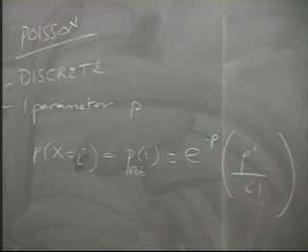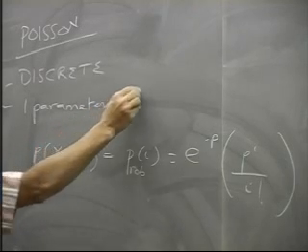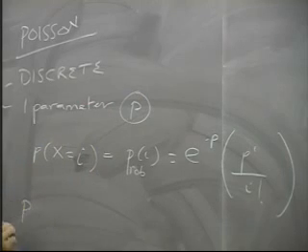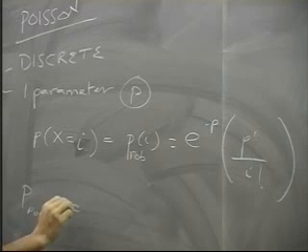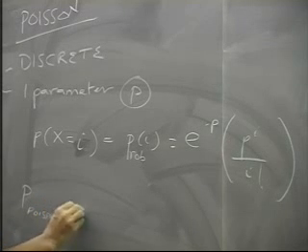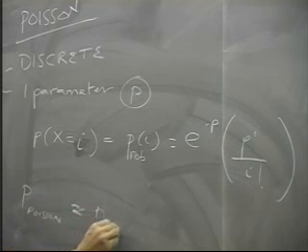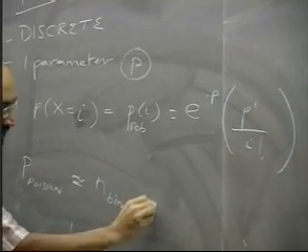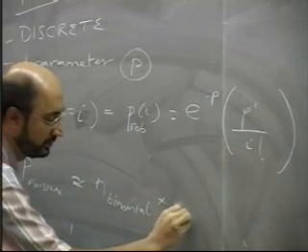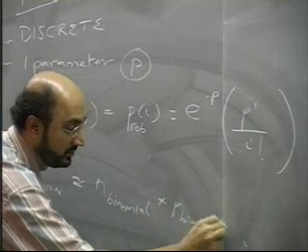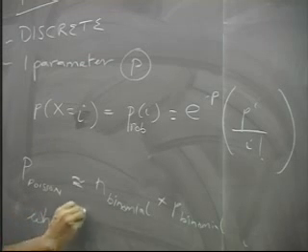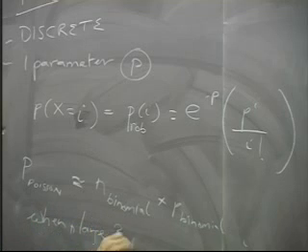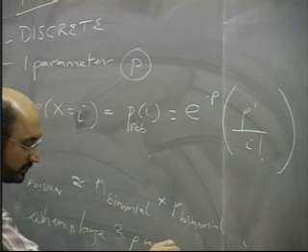But for now, all I'm going to say here is that this parameter P for Poisson is actually nothing more than, or I should say, it's more or less the n for a binomial times P for the binomial. In other words, this is true when n is large and P is small.